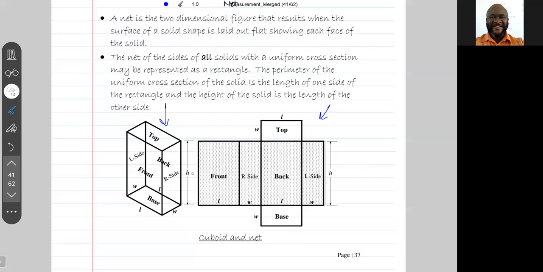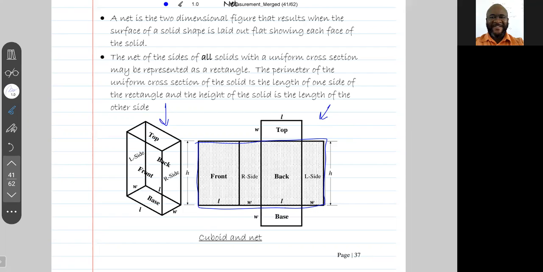The height of the solid becomes the length of one side of the rectangle. So this middle piece here opens out and becomes a rectangle.